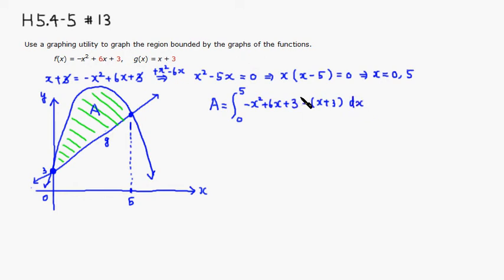You can see that the 3 minus 3 cancel out, and you can simplify to the integral from 0 to 5 of negative x squared, then combine 6x and negative x, so that's going to be plus 5x dx.